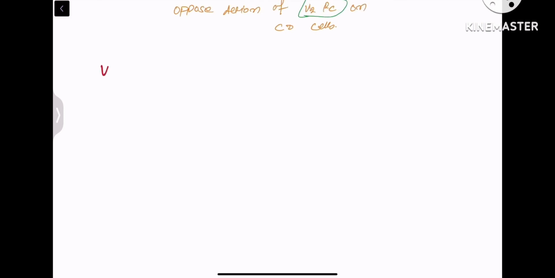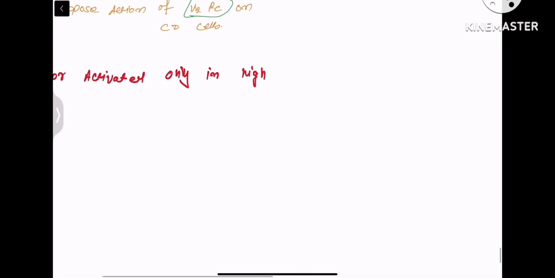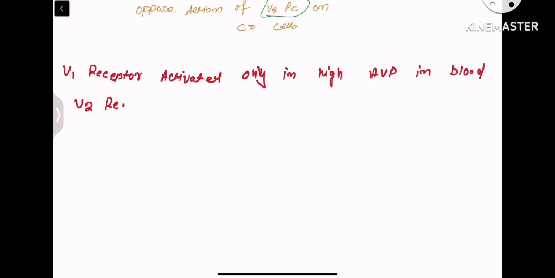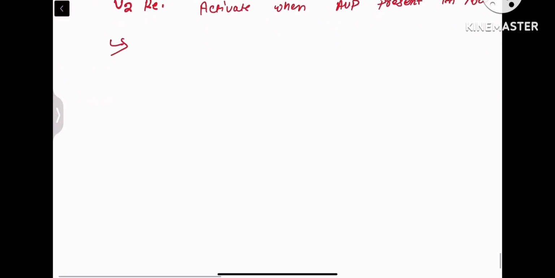So we write: V1 receptor is activated only when a high concentration of vasopressin is present in the blood, and the V2 receptor is activated when vasopressin is present even in a low concentration. So we need to oppose the action of the V2 receptor at high concentration of vasopressin. This helps in the homeostasis of the body.